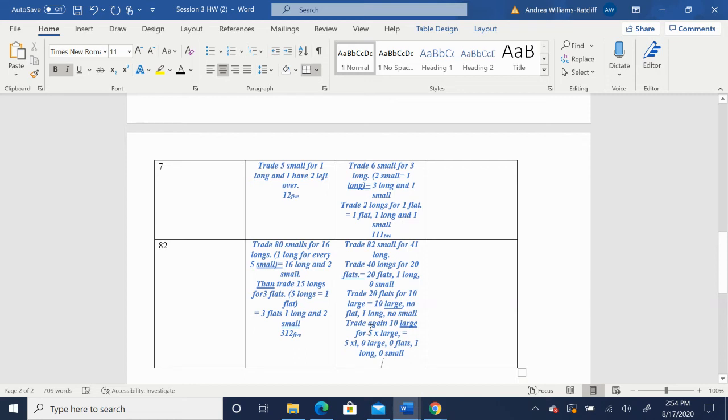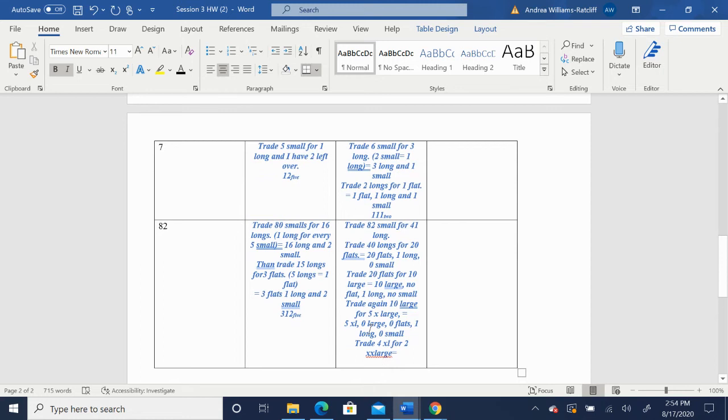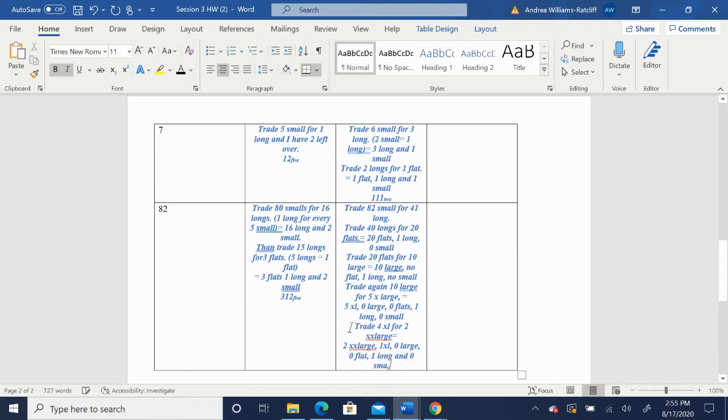We'd have to trade again. We'd have to trade 4 extra large for 2 XX large. And that's going to give us 2 XX large, 1 extra large left over because we took 4, we had 5. 0 large, 0 flat, 1 long, and 0 small.